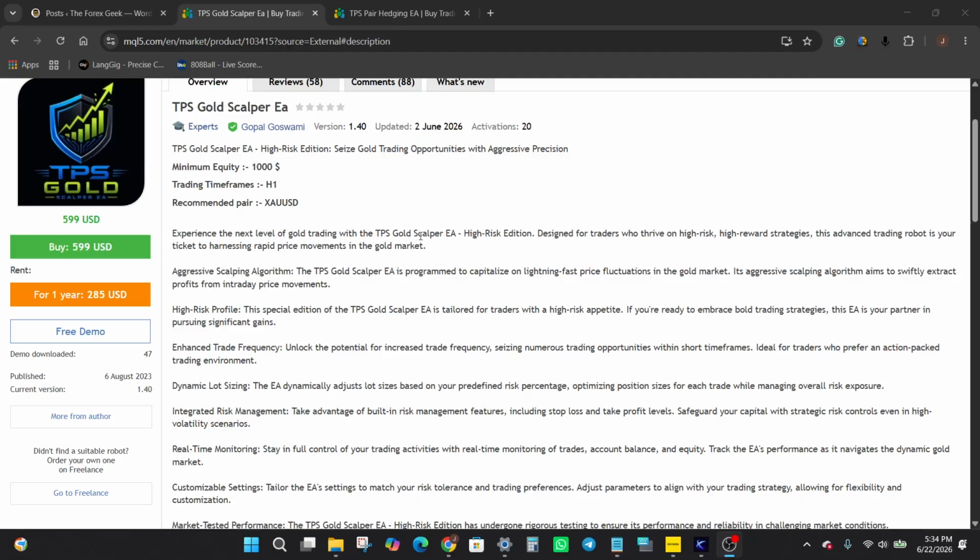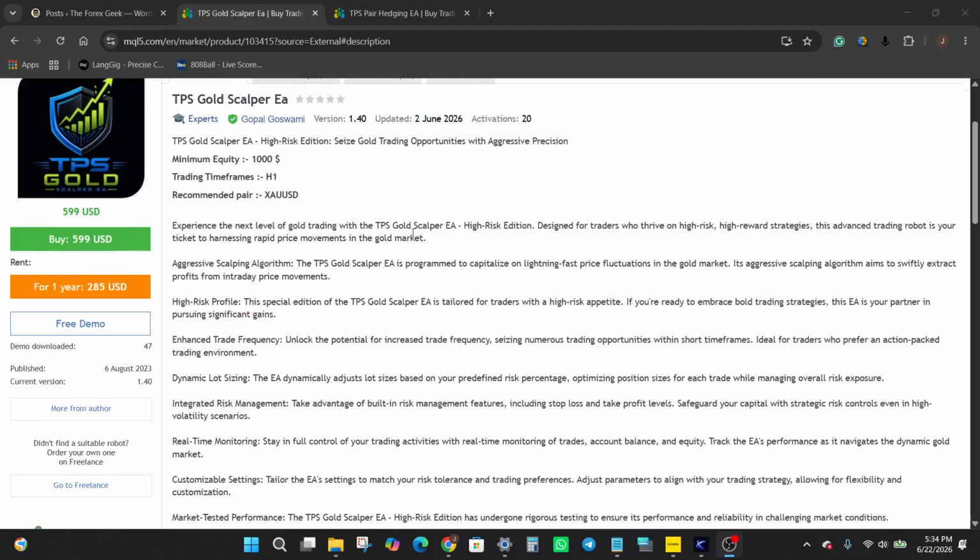The EA is designed for XAUUSD, uses the H1 time frame, and the recommended minimum equity is $1,000. These recommendations are important because they provide the primary context for evaluating any historical testing or performance information associated with the system.